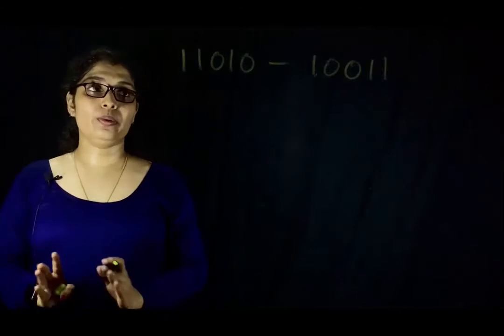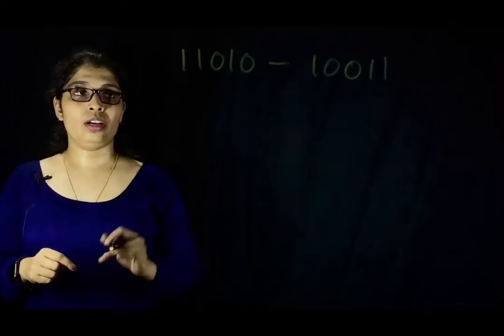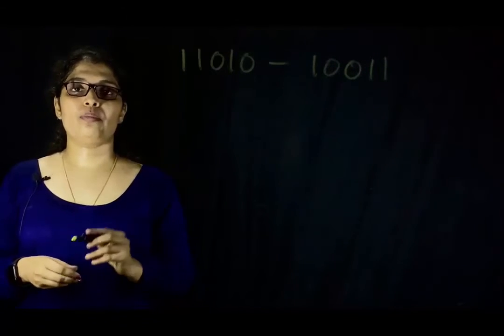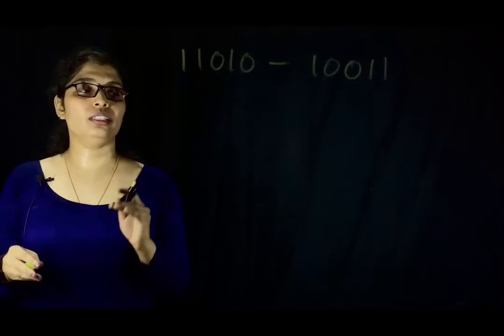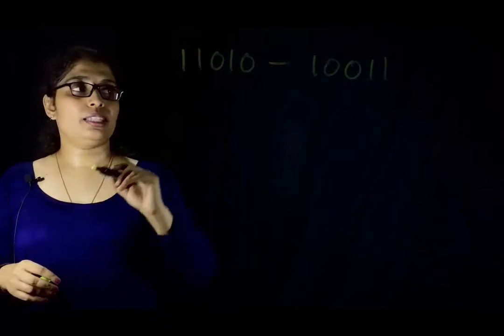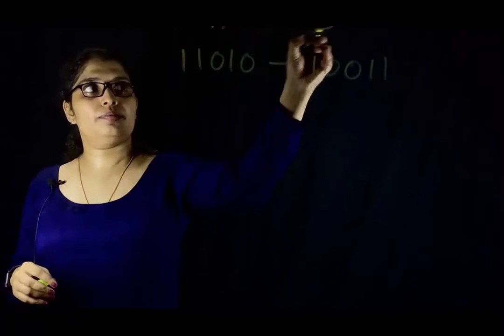Okay, next question is a subtraction operation in 1's complement form. We need to perform the subtraction with the help of the 1's complement principle. We can consider this as a minus b.